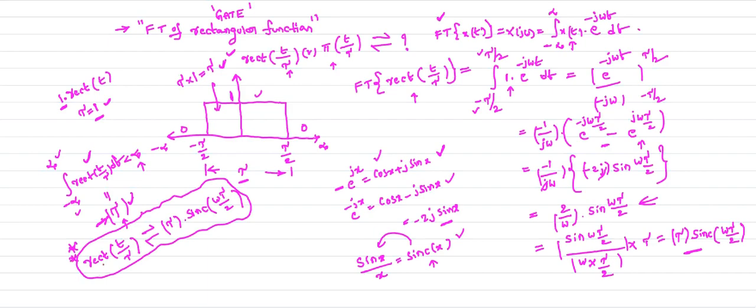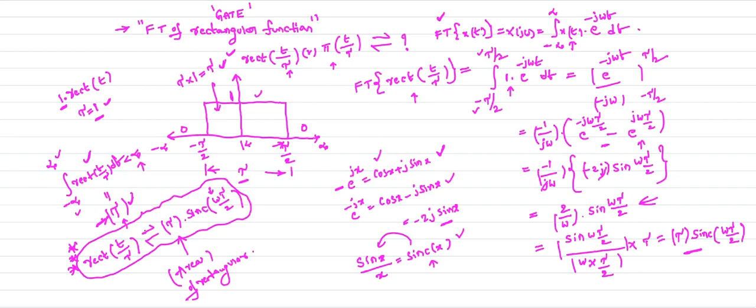Here tau is the area of the rectangular function. So area of the rectangular function into sinc of omega into tau by 2, where tau by 2 is half of the width of the rectangular function. Like that you can remember the expression.